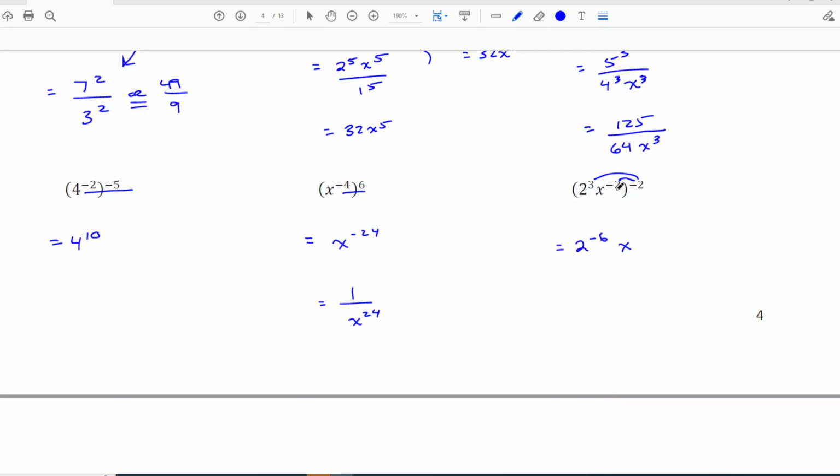And then this will be x to the negative 2 times negative 2, which is 4. And then I have to get rid of that negative exponent by taking that 2 to the 6 to the bottom. And again, I'm sure that's the final answer they give, but they may also say "or x to the 4 over 64." That one I probably would do as well. All right, good luck with that stuff.